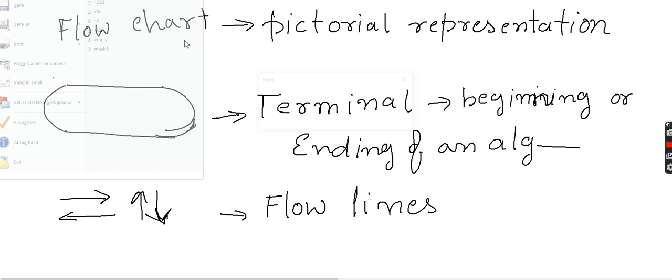Next we have a circle. This is a connector. It is used to join the different flow lines.